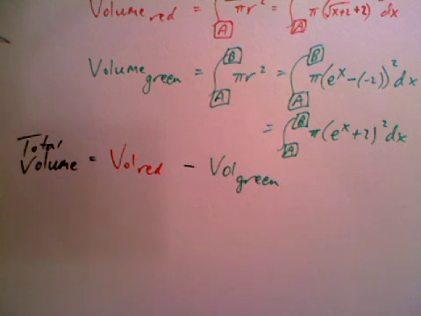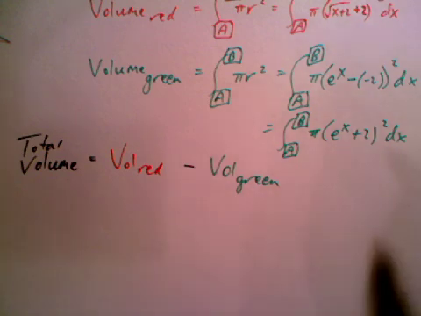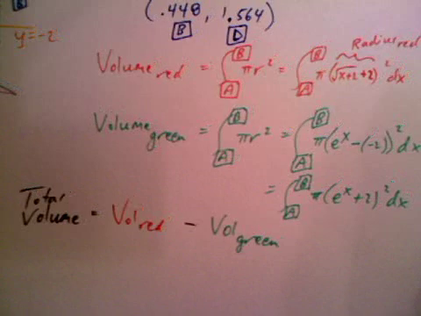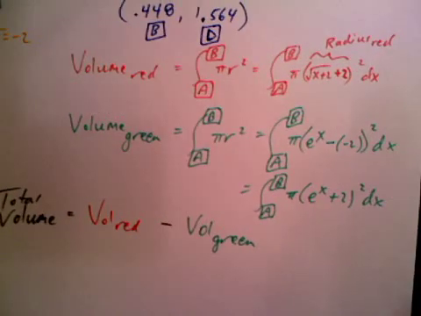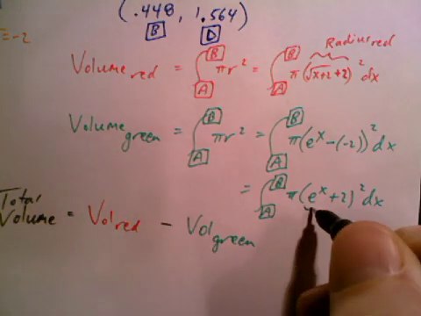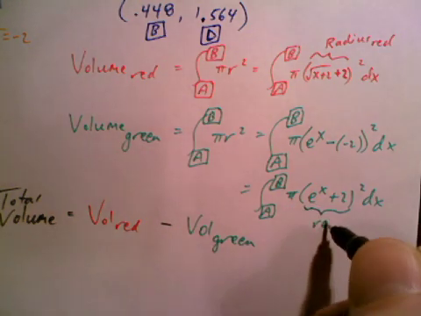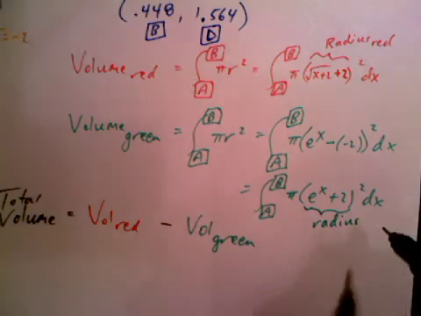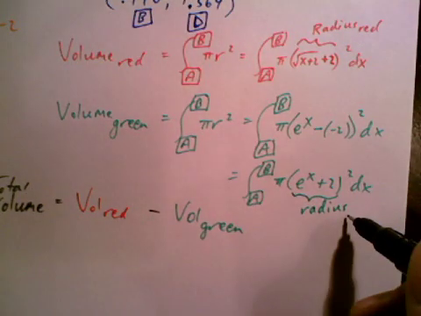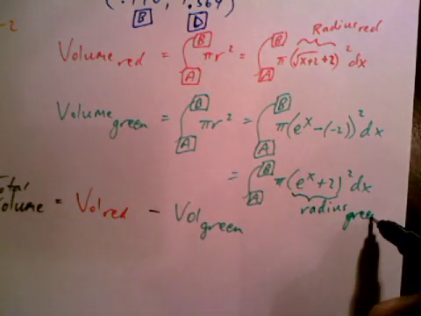Before we actually do that, I'm going to help you out on the calculator a little bit. Radius red and radius green. Let me do that first. This is radius, now little r, so the book refers to the radius of the hole as little r. Radius green.